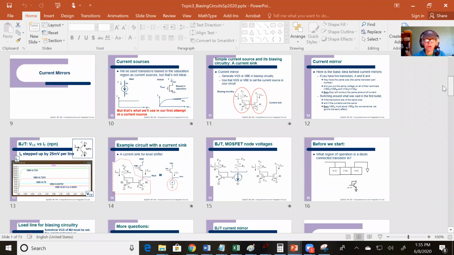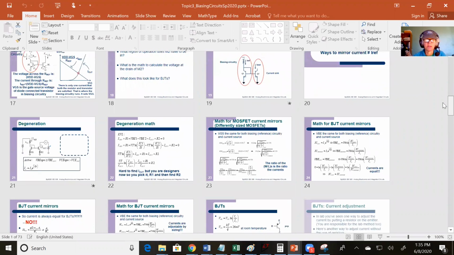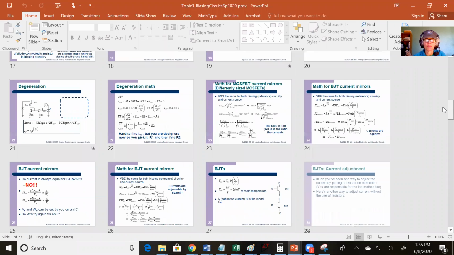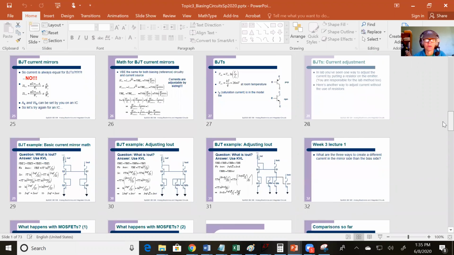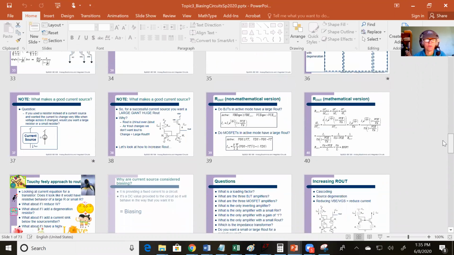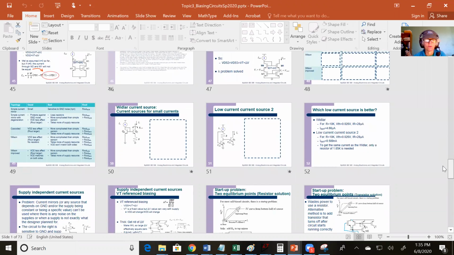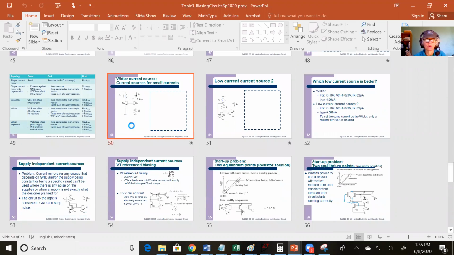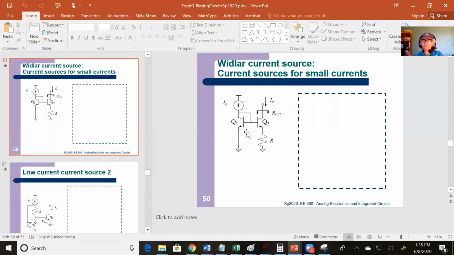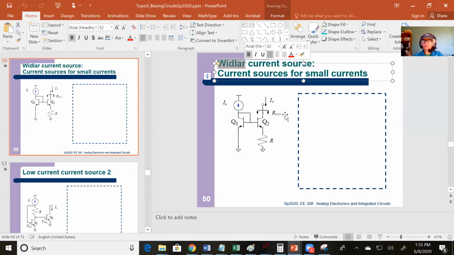So in lab and in class, we talked about degeneration. If you use degeneration to change the current through a current source, that is generally called a Widlar current source.